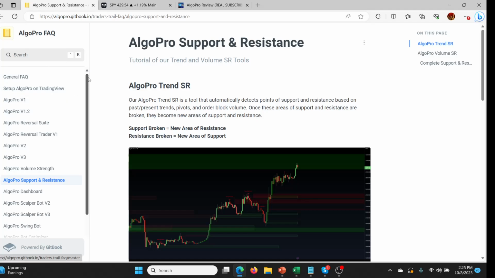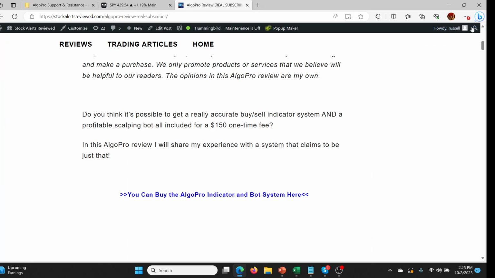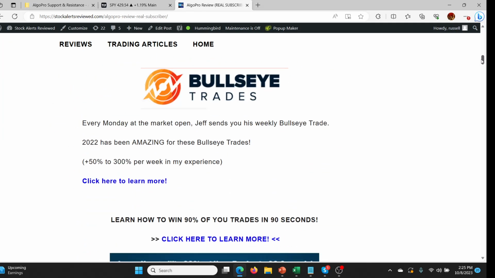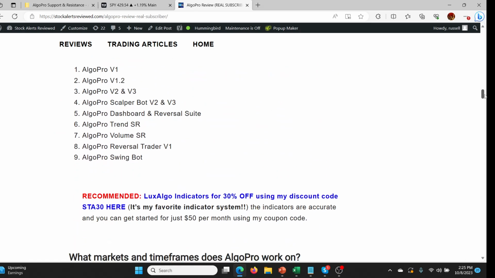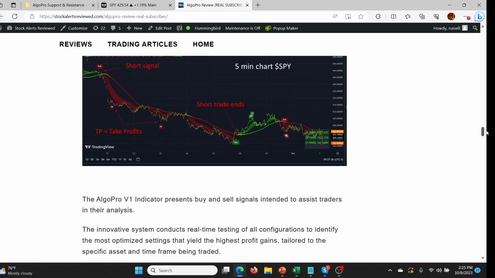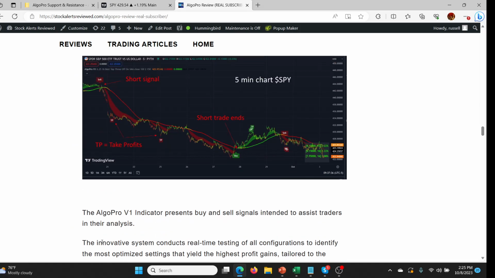This is the guide. Make sure you check out my review, but this is quite convenient to go through sometimes to show you guys some of the stuff. So you'll see that I've already talked about, in the videos or in the review here, the actual signals, like the buy sell signal part of things. For example, these buy sell indicators on the Algo Pro V1, where it actually says buy.